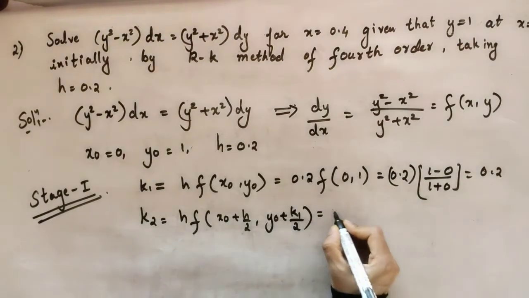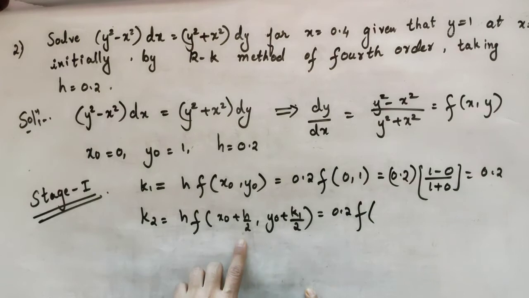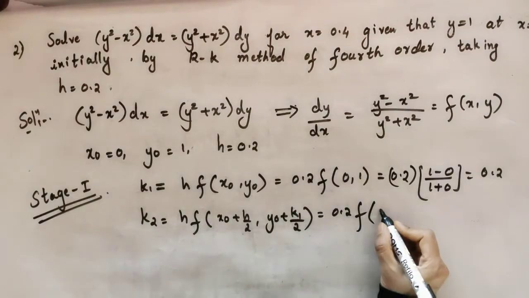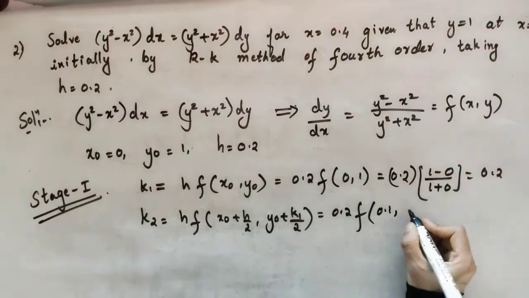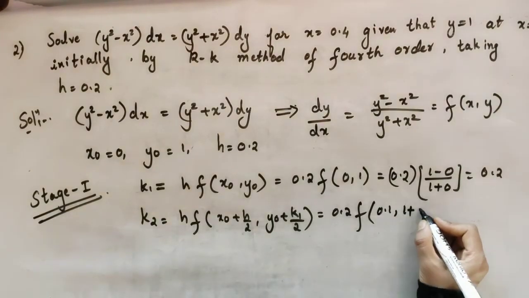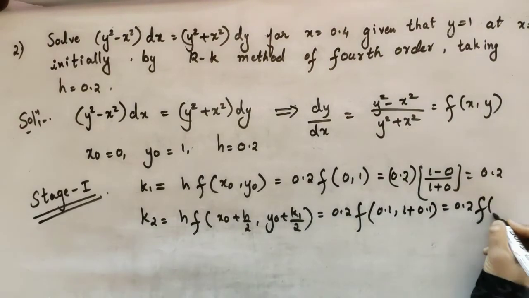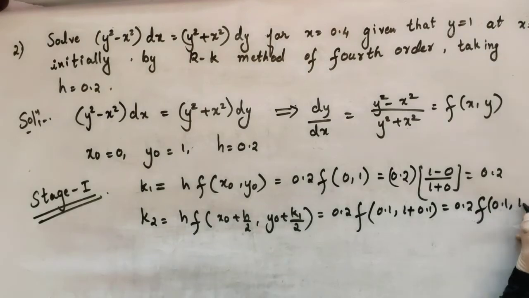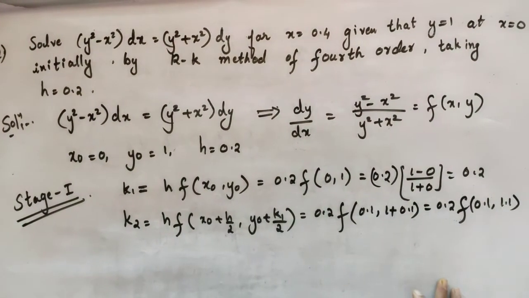So it's going to be 0.2, h is 0.2, 0.2 divided by 2 is 0.1, 0.1 plus 0 is 0.1 only. y naught is 1 plus k1 by 2, k1 is 0.2, 0.2 by 2 is 0.1. When you simplify, this is 0.2 f of 0.1 comma 1.1.